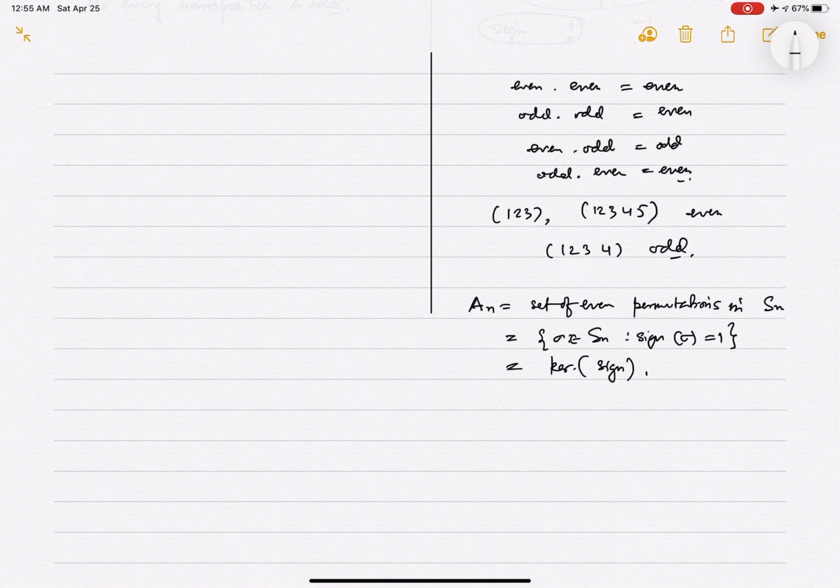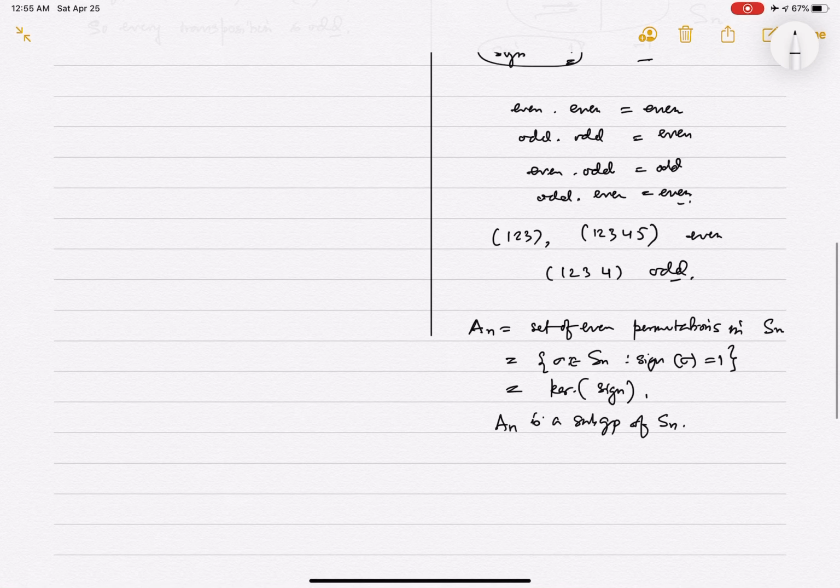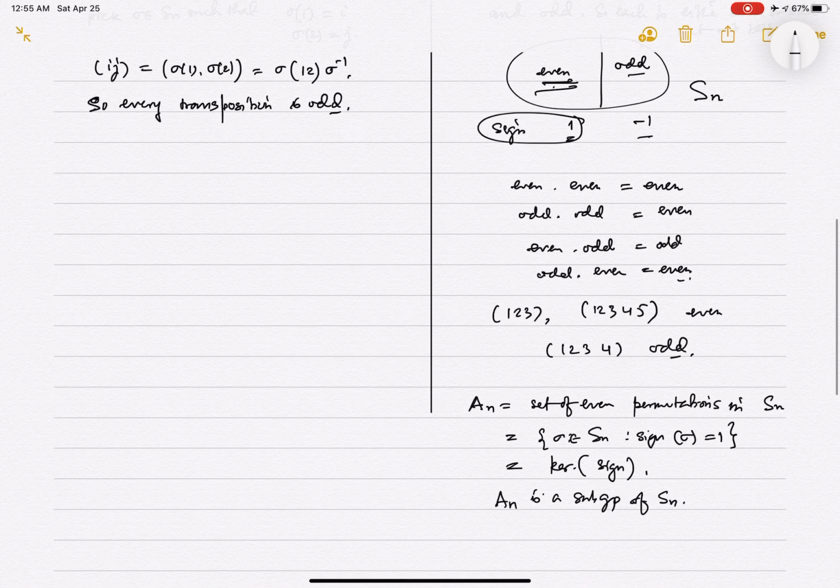And this we see is a subgroup of Sn. We'll see it has exactly half the size. It will follow very soon.